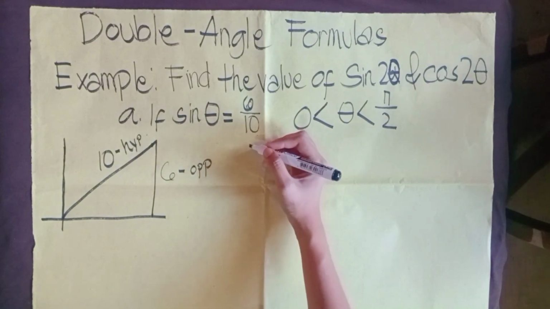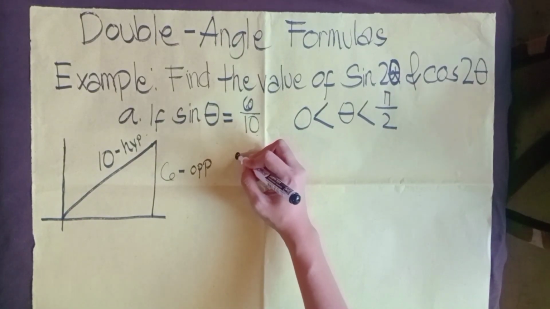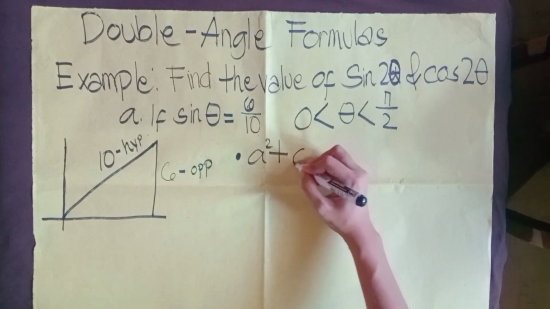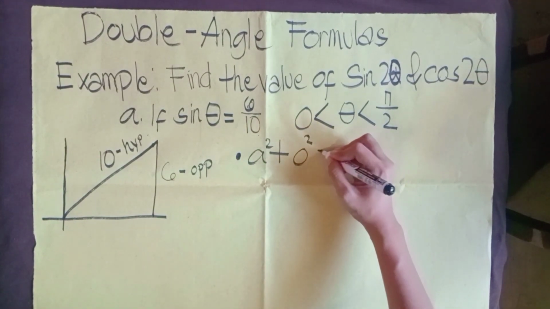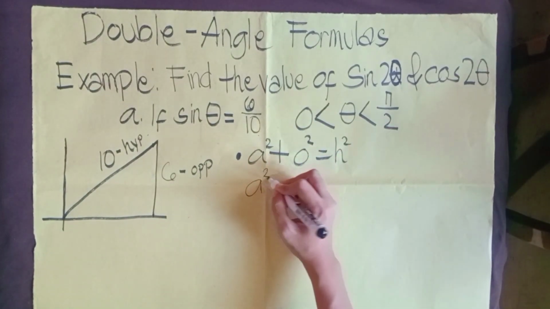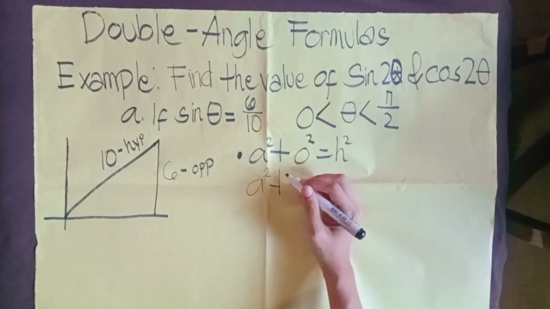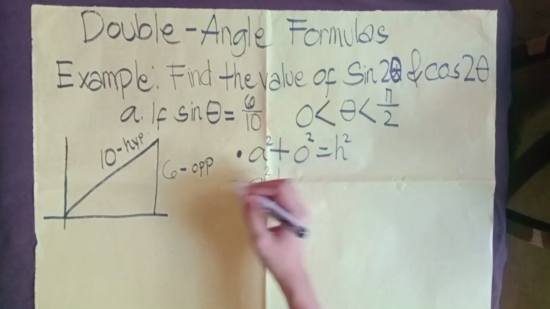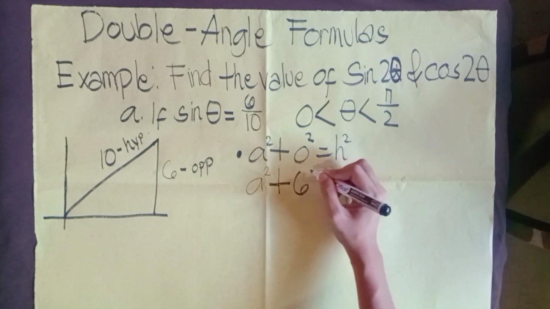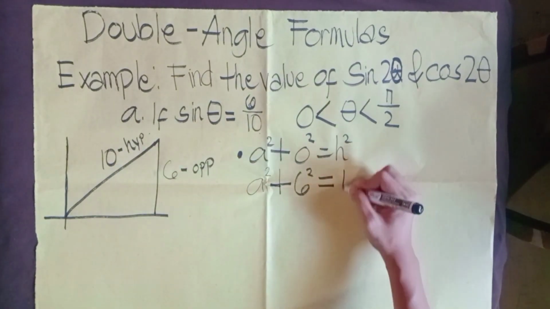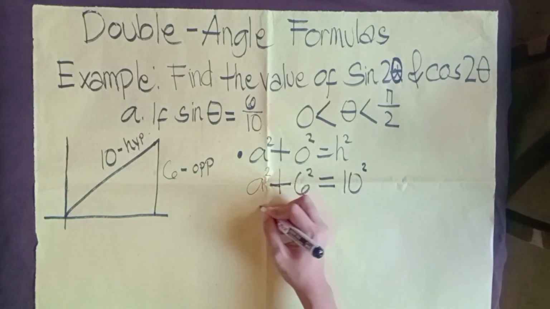Next, we should solve the adjacent of the right triangle. Then we use the Pythagorean theorem. A squared plus o squared equals h squared. So a squared plus, so the o is opposite, so that is 6 squared equals h is hypotenuse, that is 10 squared.